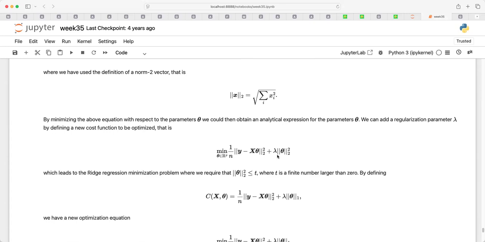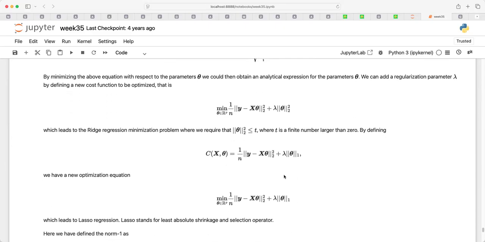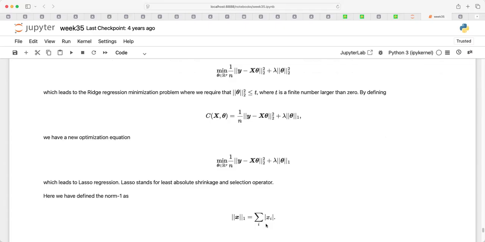That introduces a new parameter. And we are coming back next week to the mathematical discussion of what this means. So there is another norm you can use, which is called the norm 1, where this quantity here is nothing but the sum over the absolute values.